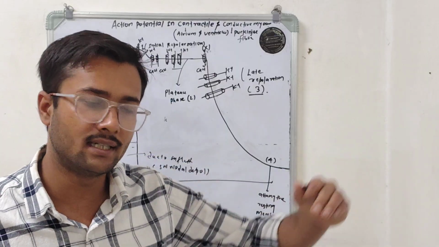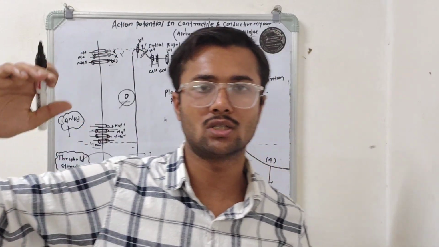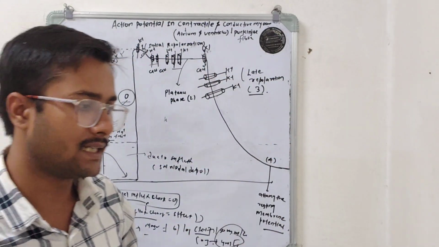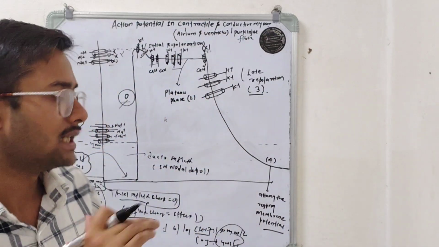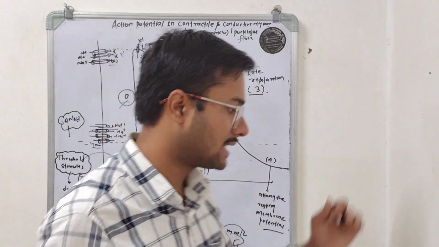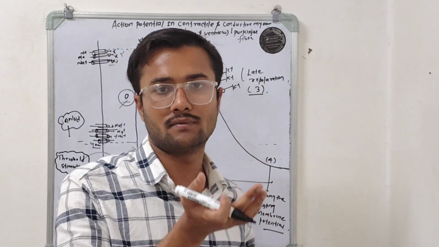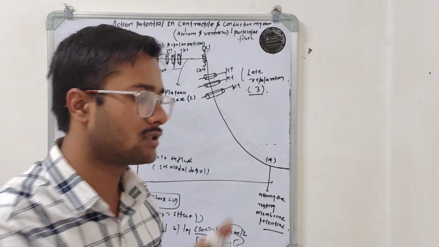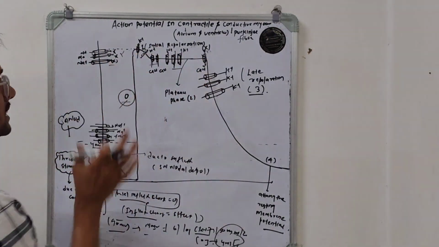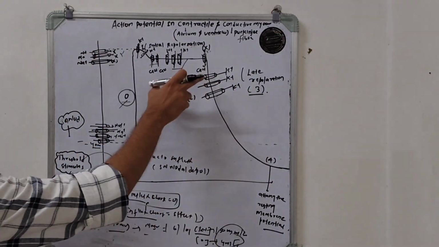Whatever influx of calcium occurs is neutralized by the potassium movement. So there are equal amounts of entry of charge and exit of charge, so there is no change in potential. This is called the plateau phase.